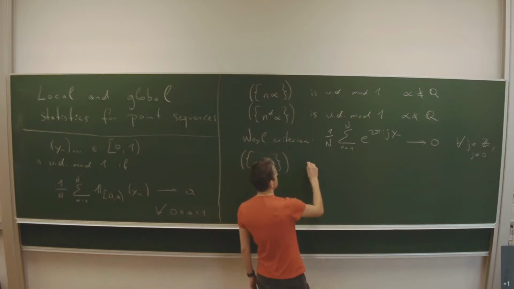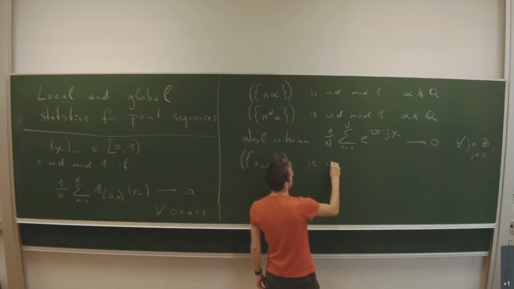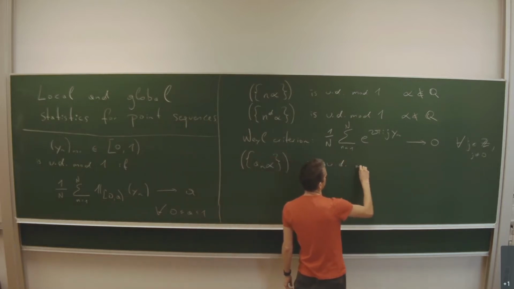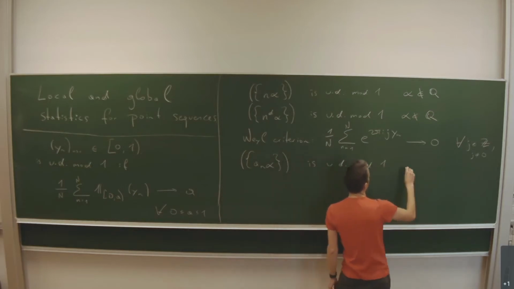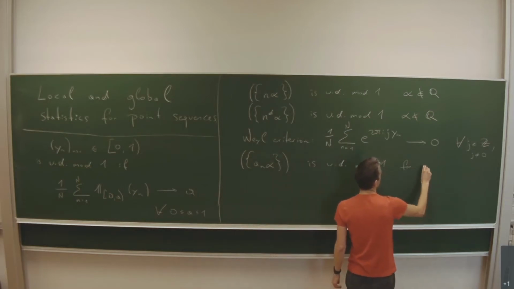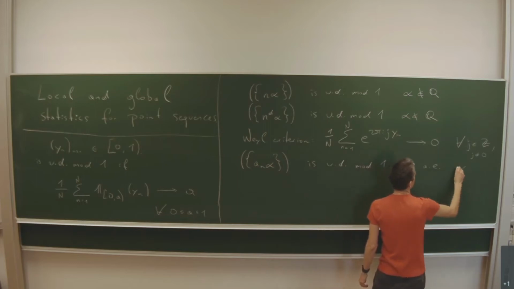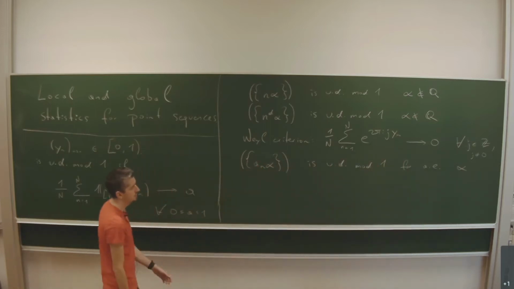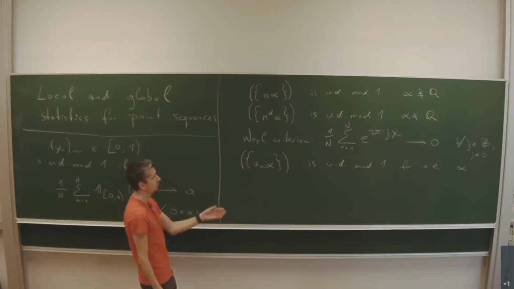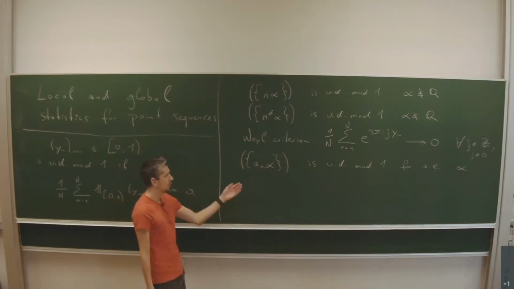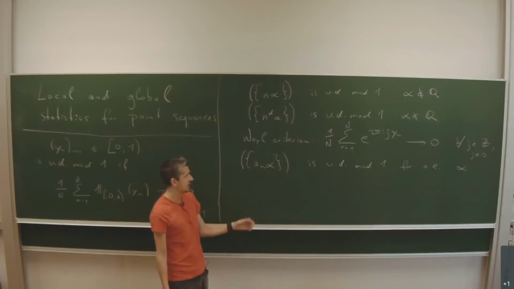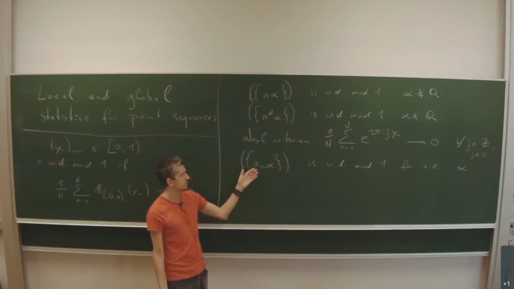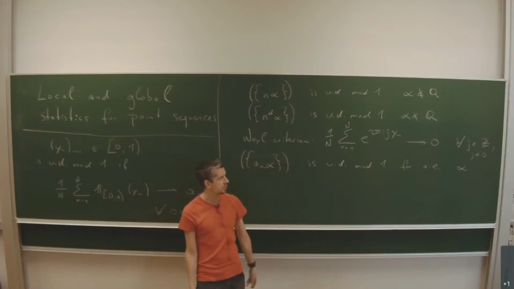But the metric theory says that this is uniformly distributed mod 1 for Lebesgue almost all alpha. So in the sense of Lebesgue measure, uniform distribution is the typical behavior for almost all alpha, independent of whatever the sequence a_n is. Whatever the sequence a_n is, some sequence of distinct integers, you always get uniform distribution for almost all such alphas.